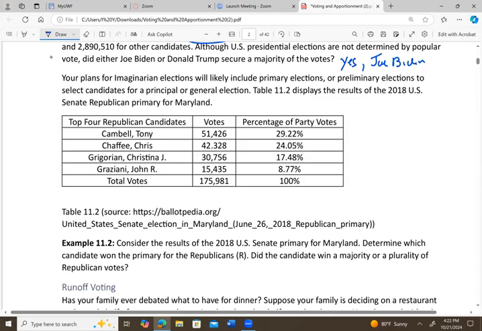Which candidate won the primary for the Republicans? And did the candidate win a majority or a plurality of votes? Well, who got the most votes? Tony Campbell won. And we can see that he only got 29.22%. He did not have a majority, so he won by plurality.